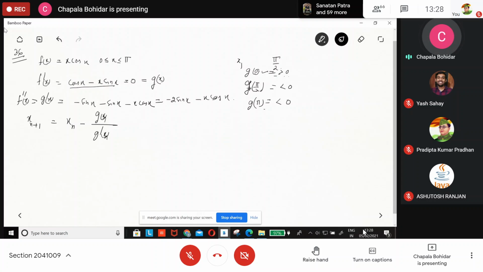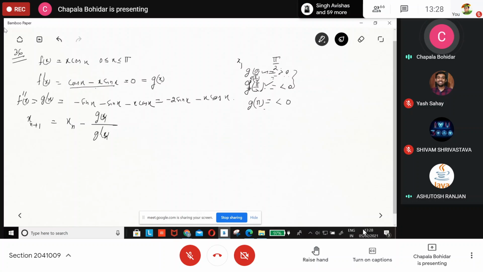Though our domain is this one, the root lies where? 0 to pi by 2. So now g of pi by 4, what are you getting? Less than 0 or greater than 0?